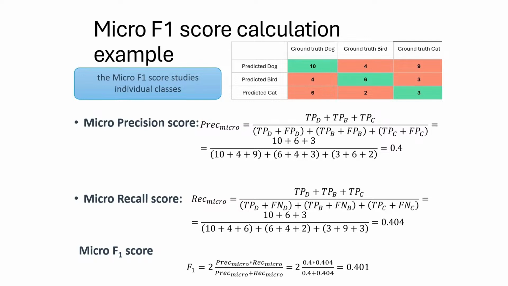So in fact, in the denominator, what do we have? The sum that comes from the whole matrix. Okay, 10 plus 4 plus 9, 6 plus 4 plus 3, and so that's 0.4. Micro recall score. You understand why we have three numbers here?